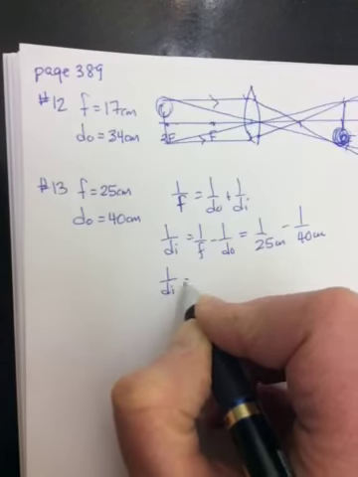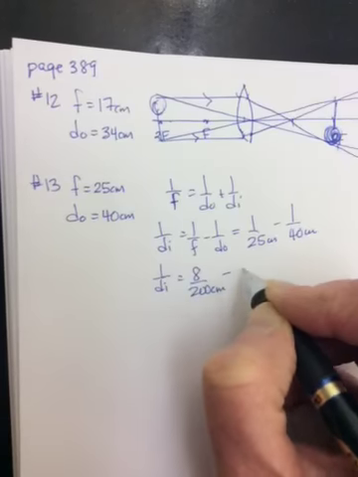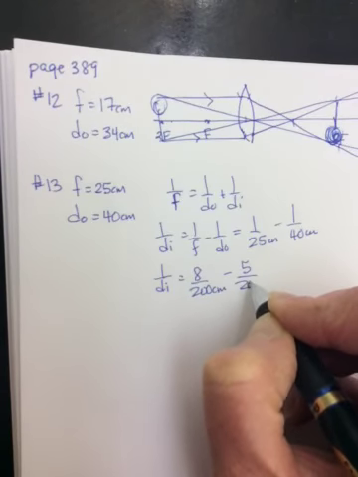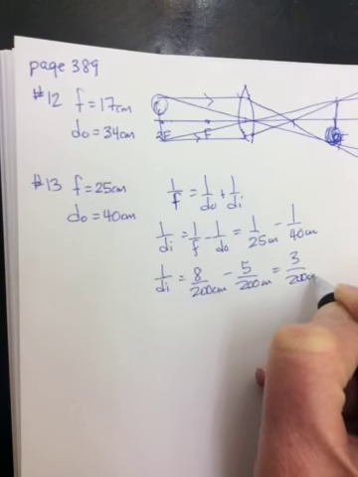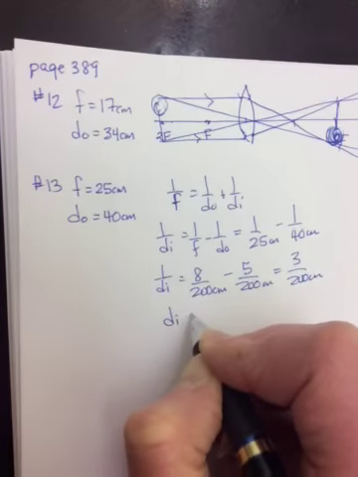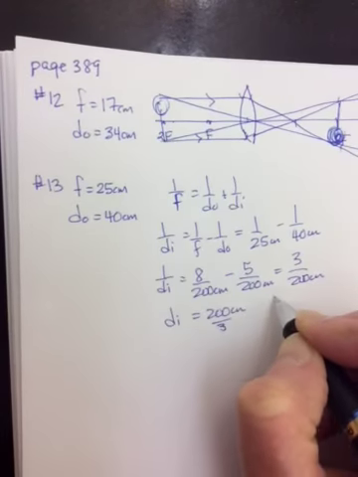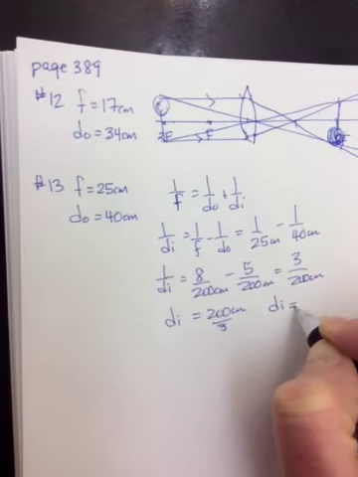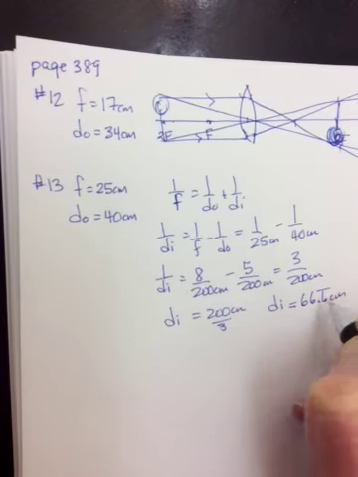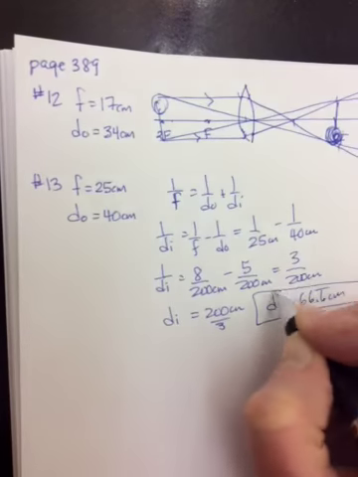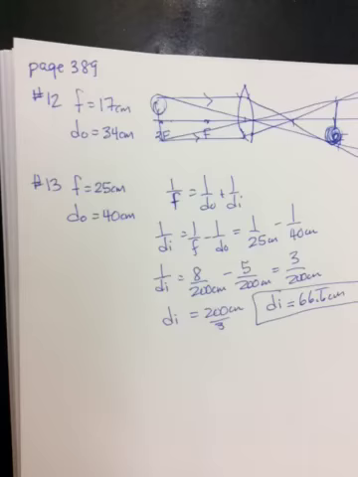So 1 over DI is equal to 8 over 200 centimeters minus 5 over 200 centimeters, which is equal to 3 over 200 centimeters. So DI is equal to 200 centimeters over 3, so DI is equal to 66.6 repeating centimeters. Okay, which is indeed beyond 2F, because 2F would be 50.